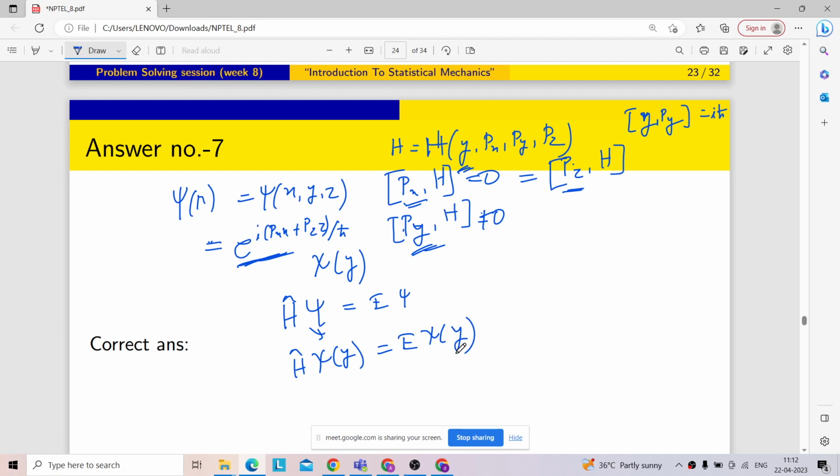So you see the x and z variables became a function like a phase for this wave function, right?